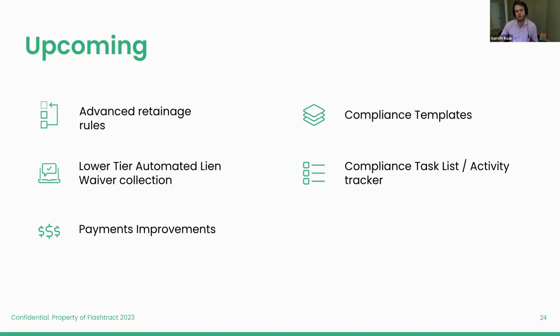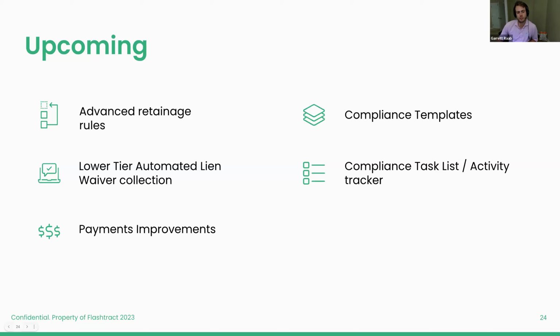So similar to a billing rule or a billing requirement, you could say, hey, my company needs unconditional lien waivers or lower tier waivers, let's just say 30 days after every invoice submission in order for my business to pay that subcontractor. So you could actually set up that rule within the system.